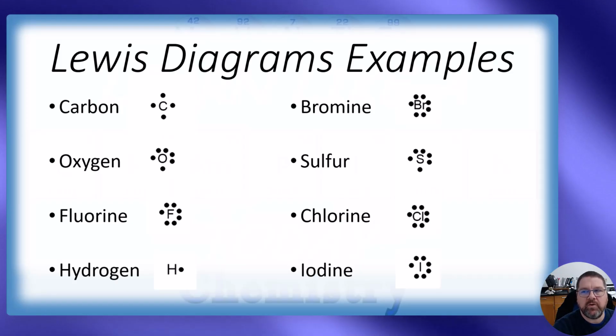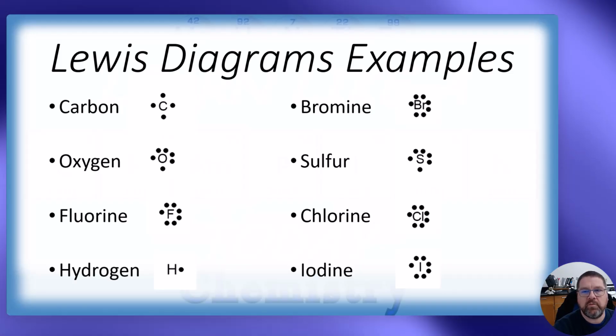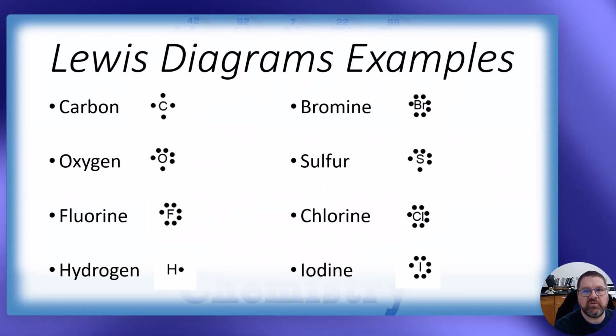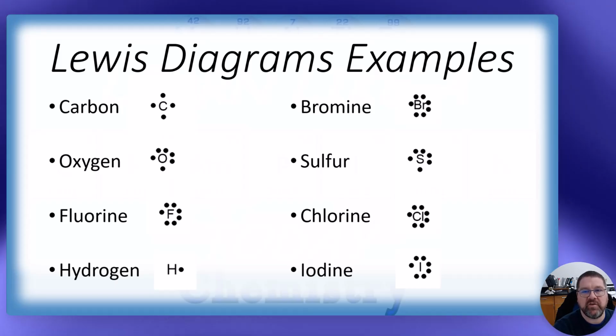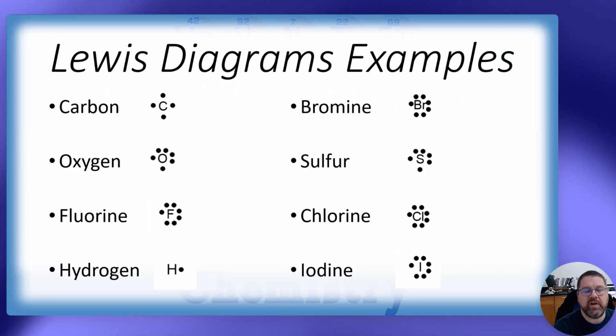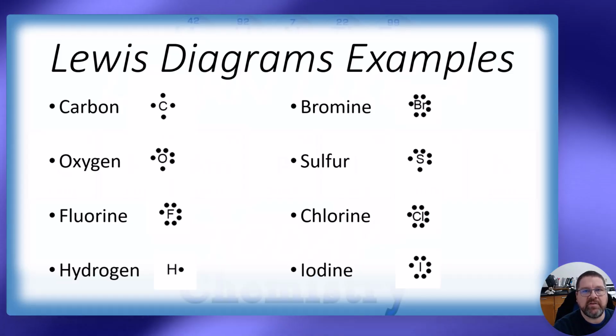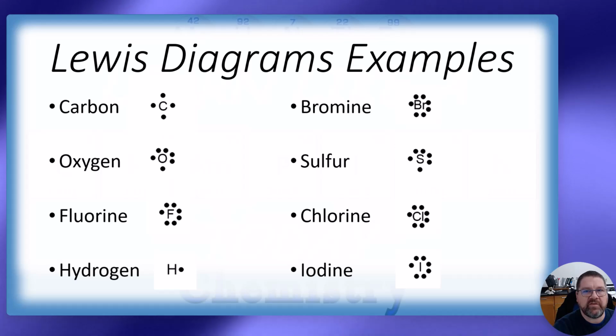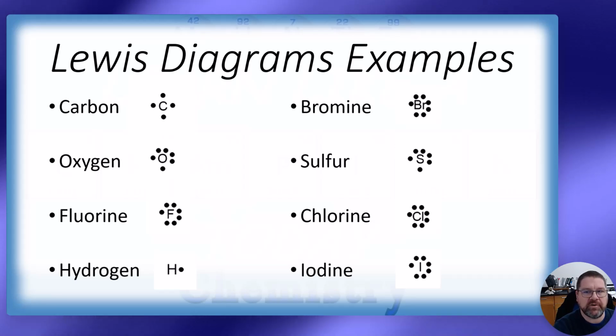And so if we take a look at those, we might notice that some are very similar to each other. For instance, oxygen and sulfur are right next to each other, and they literally have the same Lewis structure, just a difference in the symbol that's in the middle. And so if we think about why that is, they both end with an s2p4 configuration.